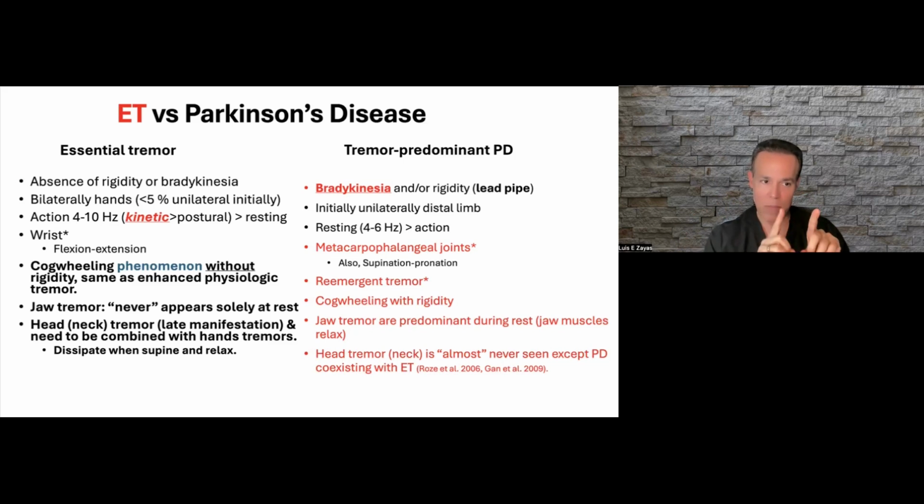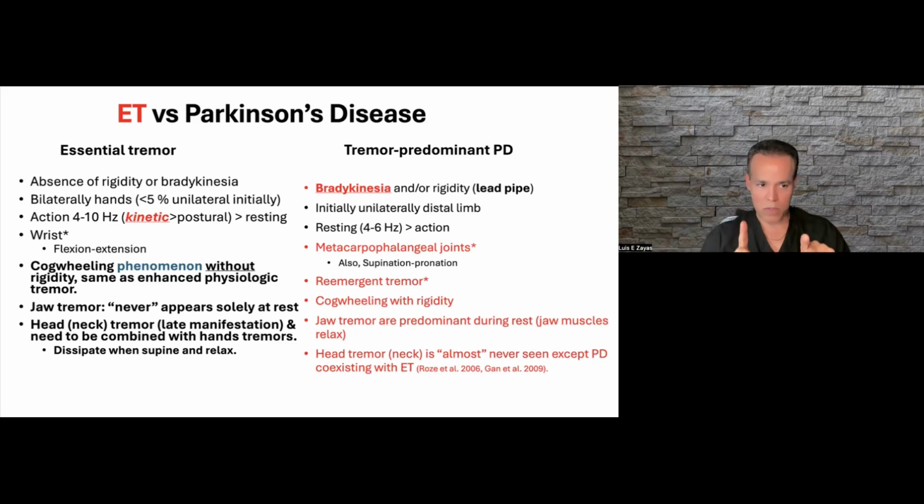Now, with essential tremor, you can have jaw tremor, but the predominant tremor is during action, when the mouth is open or when you are talking. When you are talking, the mouth is open, and you see more tremor. This is a classic example of jaw tremor in the setting of essential tremor, okay?